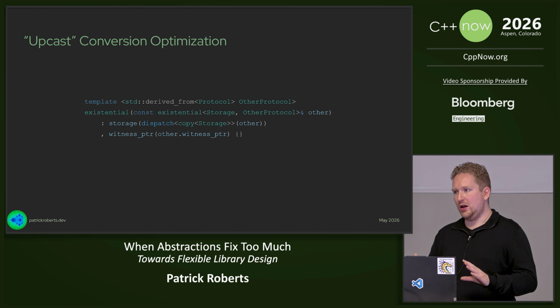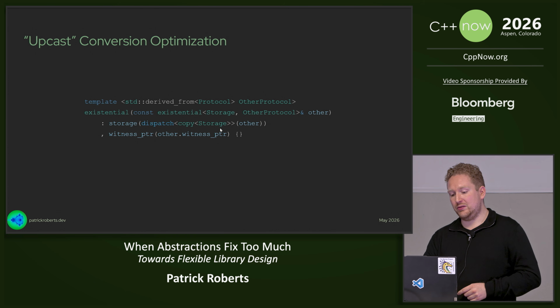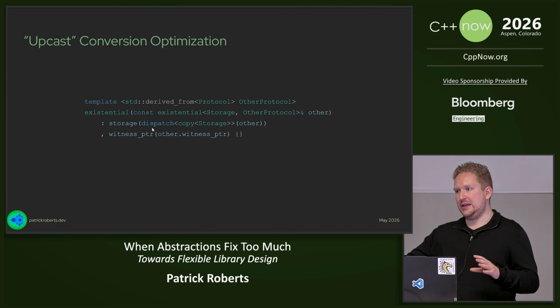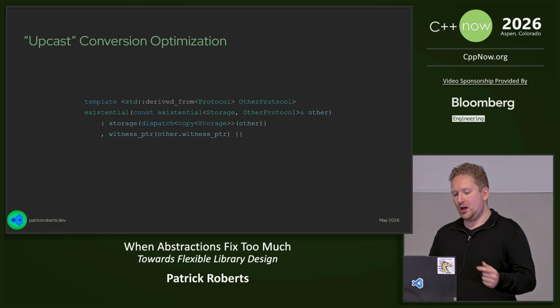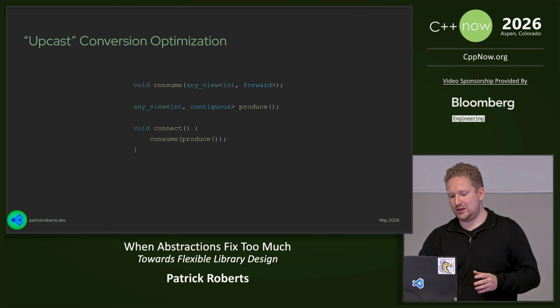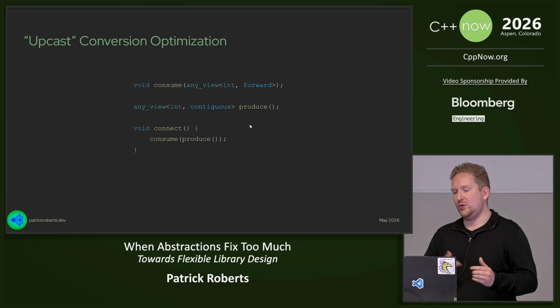And so now you've actually just invoked the copy constructor on the storage. So you're transferring the storage of the original underlying concrete type exactly as it was erased in the original specialization. But now you have a view of it that's constrained only to the capabilities that this specialization of the existential type needs to implement. So now you have the ability to combine these 2 libraries without any runtime overhead. So it's still a single dispatch instead of double dispatch.